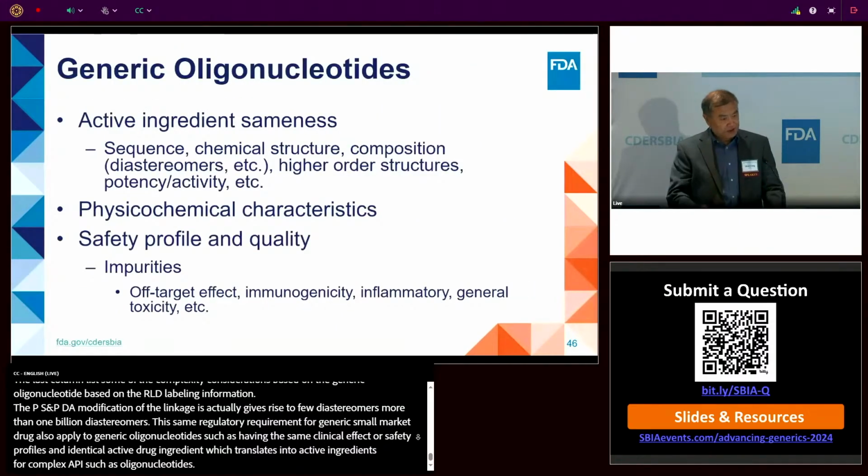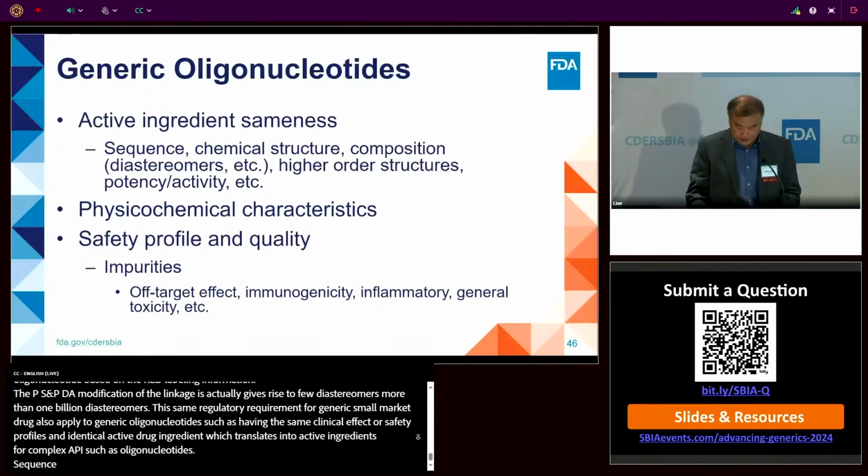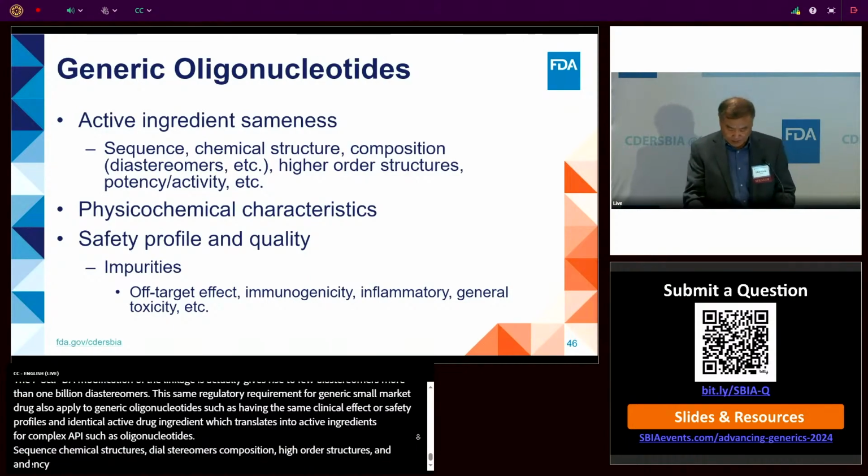Sequence, chemical structures, diastereomeric composition, high order structures, and potency and activities, etc., are among the sameness considerations.